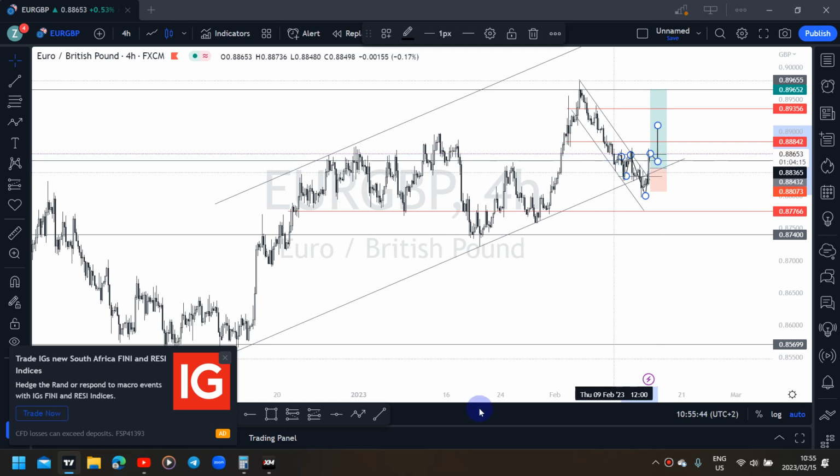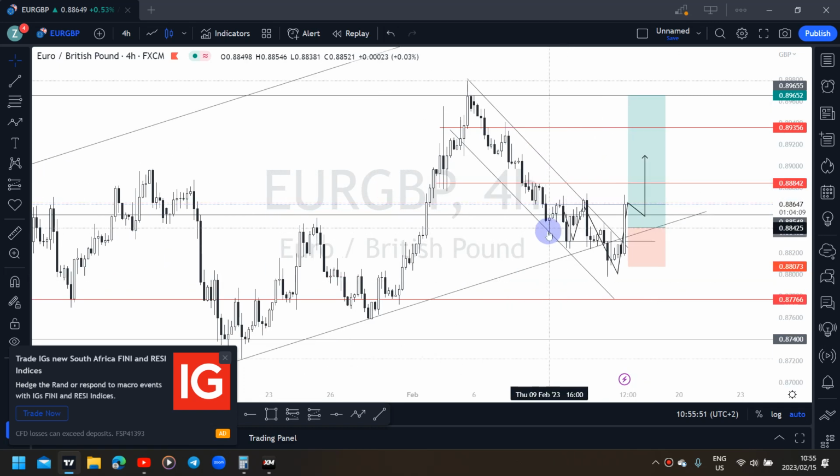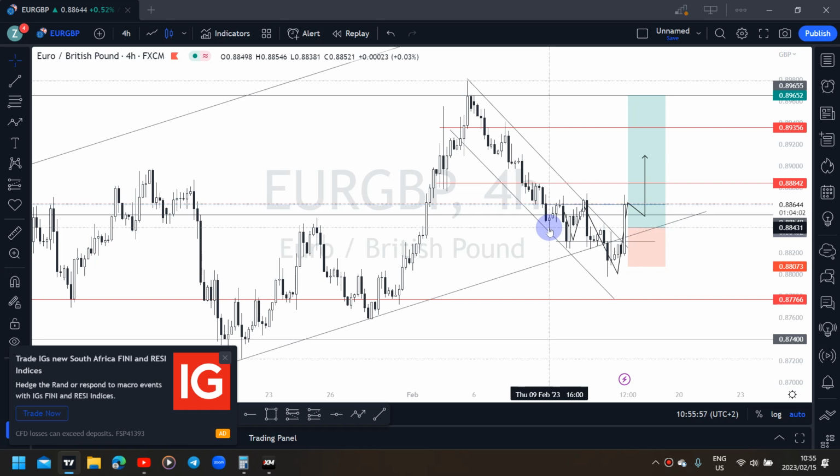So if I zoom in, as you can see, look at this weak rejection, and if you put it in line with my entry, it does pass my entry. So this is the type of rejection that I'm looking for.